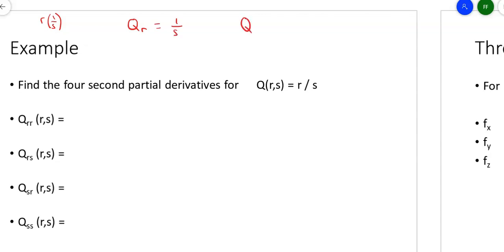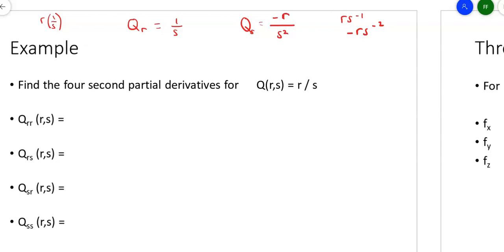And if I want the first partial derivative with respect to s, then I can treat this as r times s to the negative first, derive it, and I get negative rs to the negative second. So negative r over s squared.